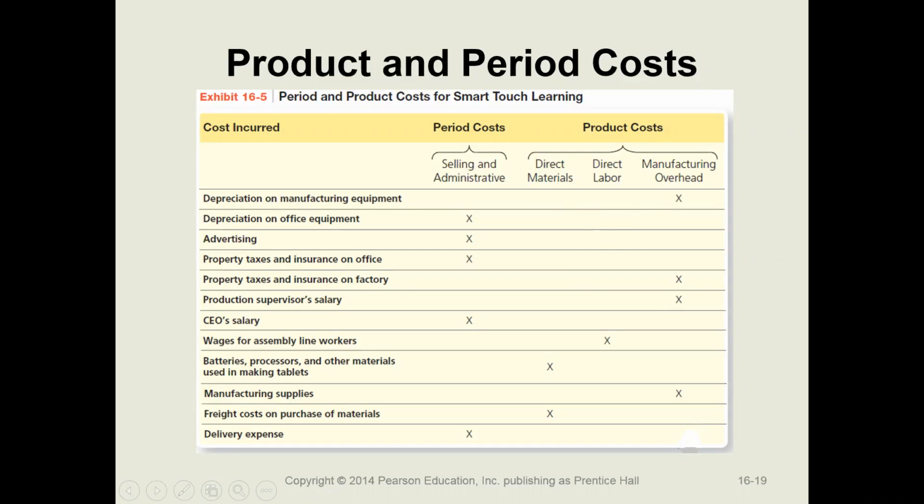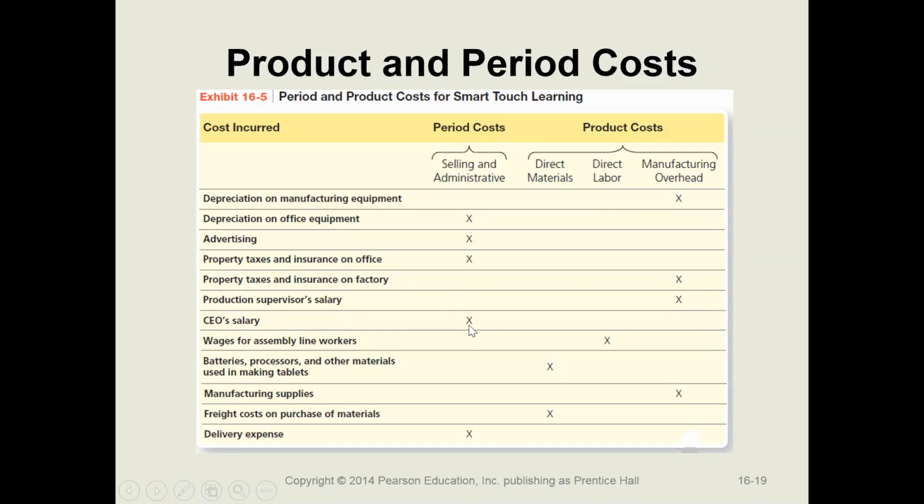Okay, those are product costs. Period costs are overhead costs for selling and administrative. So like the president's salary. The president is not directly involved with the process of making the product, so that cost wouldn't go into the product cost. That's a period cost.